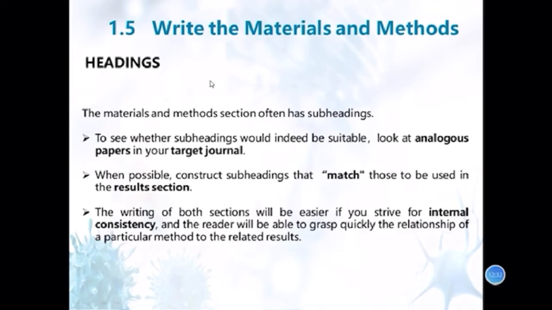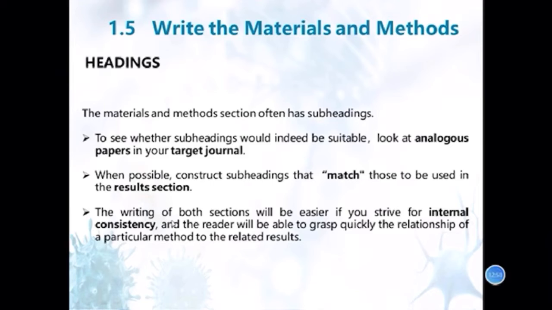Sometimes you have some subheadings. The materials and methods section often has subheadings. To see whether subheadings would indeed be suitable, look at analogous papers in your target journal. When possible, use subheadings that match those to be used in the results section.